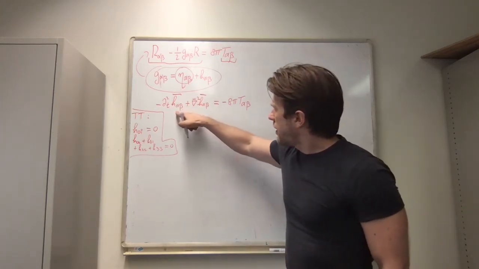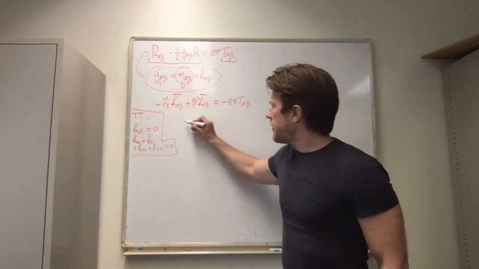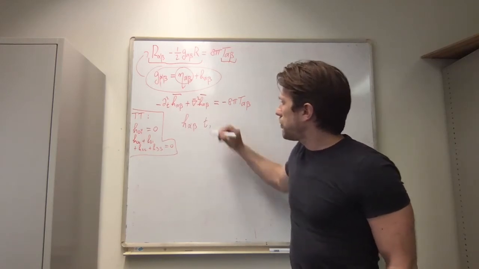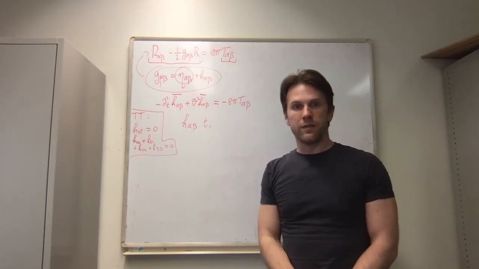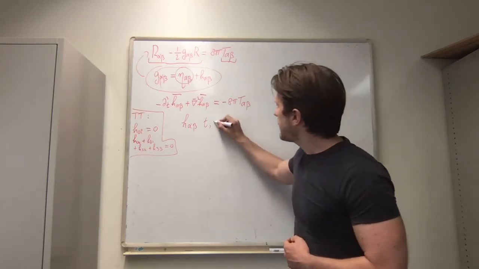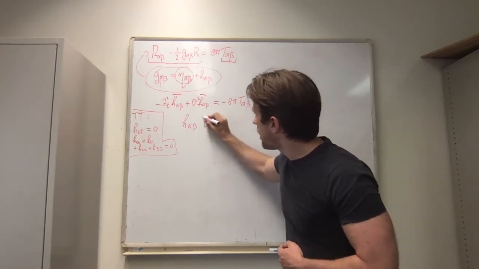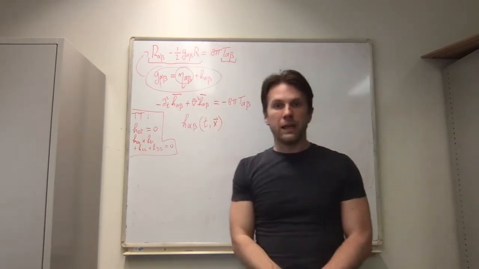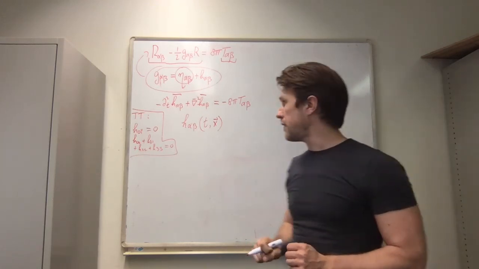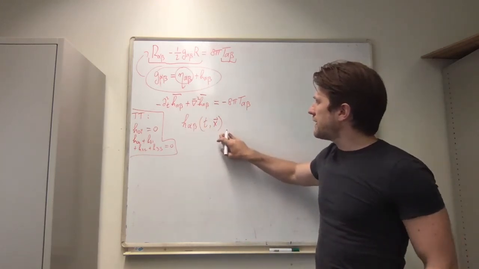Your H alpha beta, your gravitational wave itself, is a function in principle of time, because at any moment in time the perturbation that moves through space might be different, and it's also a function of space, because at any spatial position the gravitational perturbation will be a little bit different. So it will generally look like this.